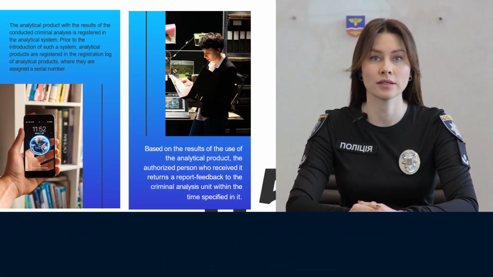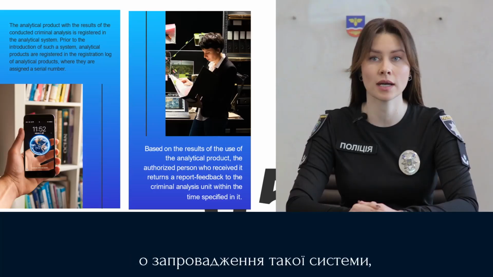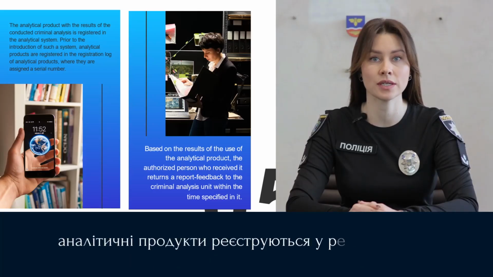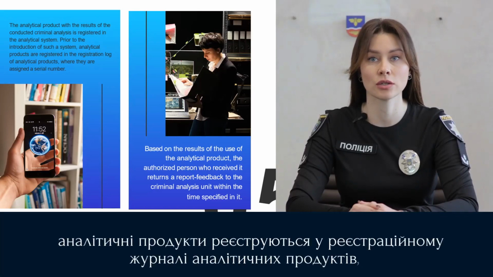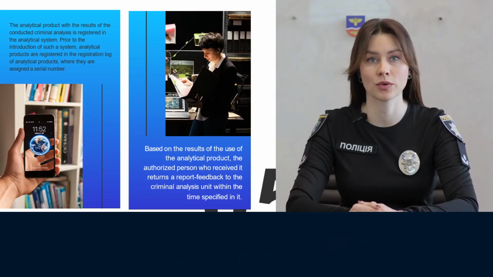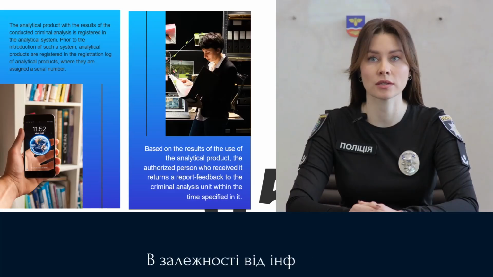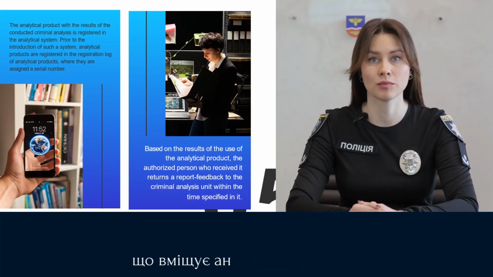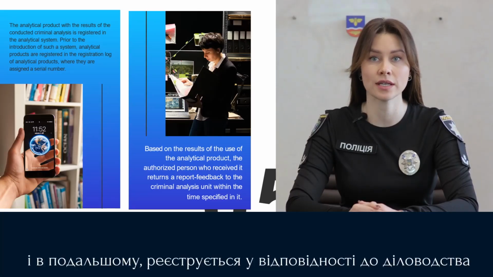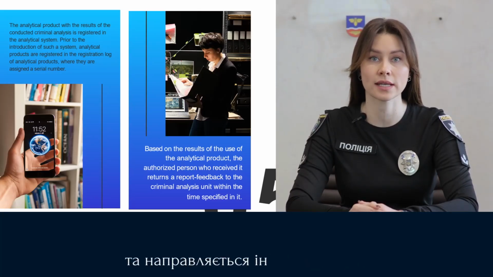Prior to the introduction of such a system, analytical products are registered in the registration log of analytical products, where they are assigned a serial number. Depending on the information contained in the analytical product, it's given the appropriate label and subsequently registered in accordance with the records and sent to the initiator of the request.